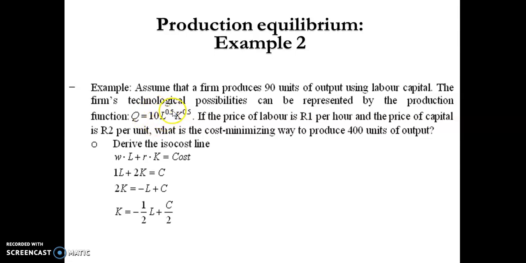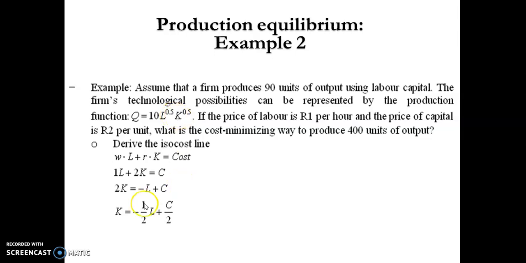We have L. So I have 0.5, and I'm going to bring it down and multiply it by this coefficient of 10, and that's going to give me 5L raised to the power of minus a half. So I can put the L to the minus a half in the denominator, but I still have K to the power of a half because it's multiplied, so it can't fall away.